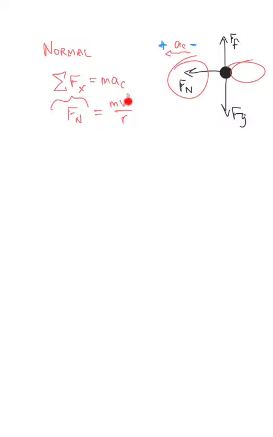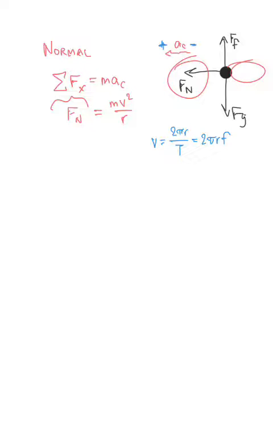But the v we can find pretty easily because you have a couple formulas for v, which are v is equal to 2 pi r over T if you know the period, or 2 pi r f if you know the frequency.